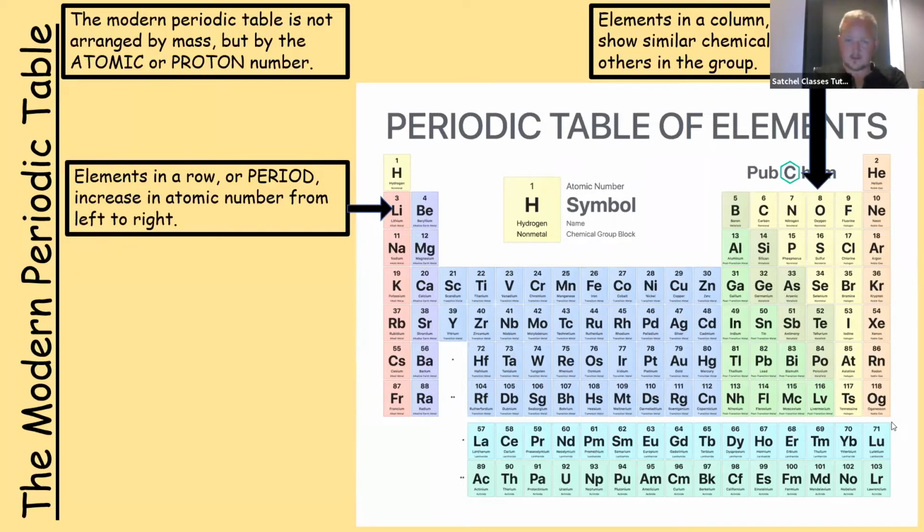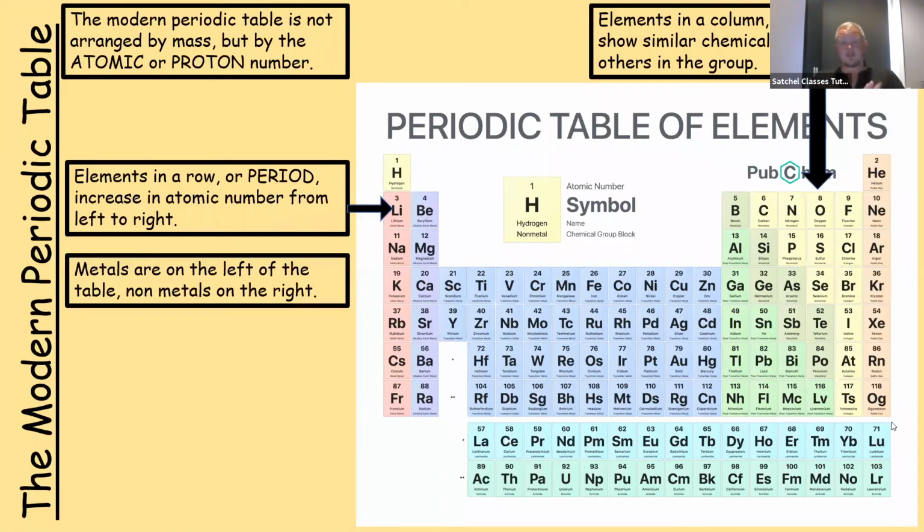So you can see this is the second period, and from lithium, which has an atomic number of 3, we go to beryllium with an atomic number of 4, over across to boron with an atomic number of 5, carbon 6, nitrogen 7, and just like reading the words on a page in a book, you read from left to right, and the same is true for the periodic table. We go from the left to the right and then drop down to the next period and carry on in that fashion.